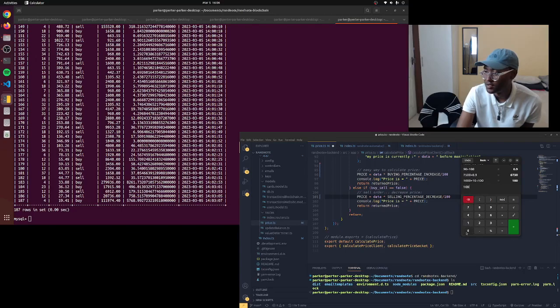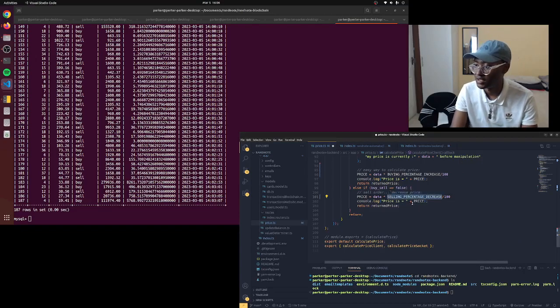If price is 1,000, we multiply by 90 divided by 100. So we're decreasing by 10%, so this is supposed to be 90.